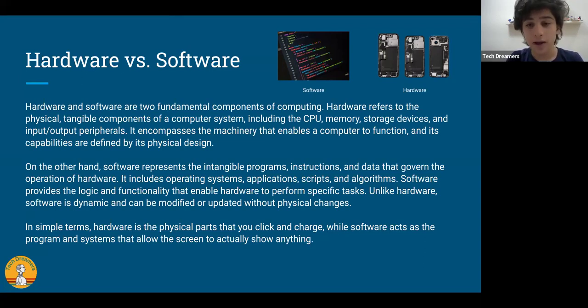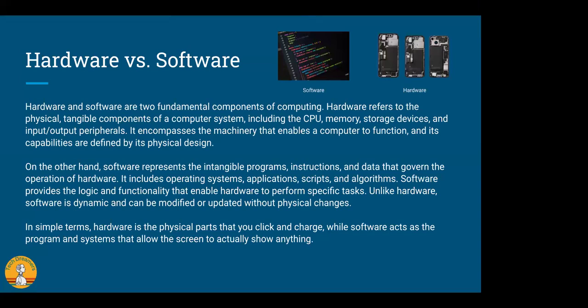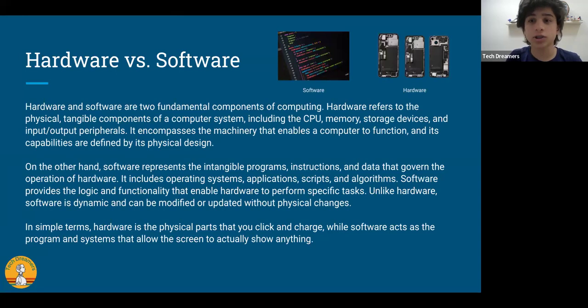On the other hand, software would represent the more intangible items, such as programs and instructions and data that govern the operation of hardware. What I mean by this is software is what allows you to see something on the screen.